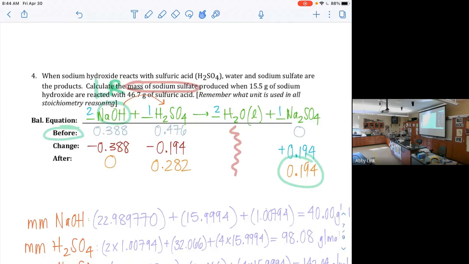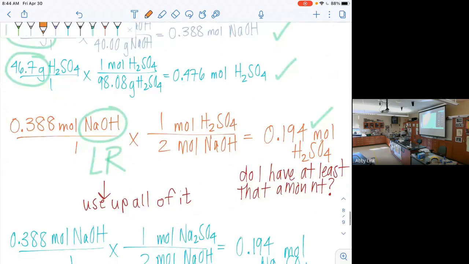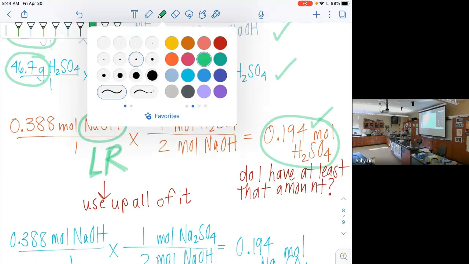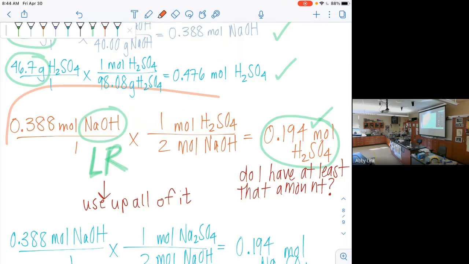Now, when you figure out what the limiting reactant is, you're essentially calculating the change value for the excess reactant. Think back to when we first learned BCA tables: this is the same way we solved for the change row in our normal BCA tables.